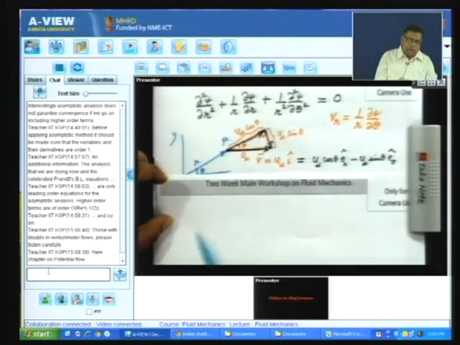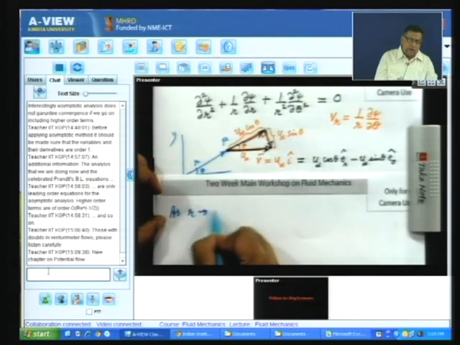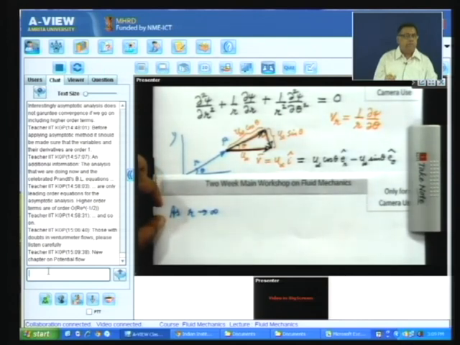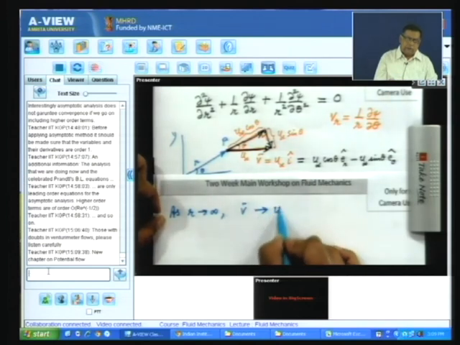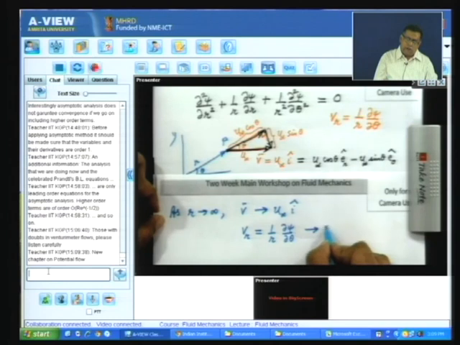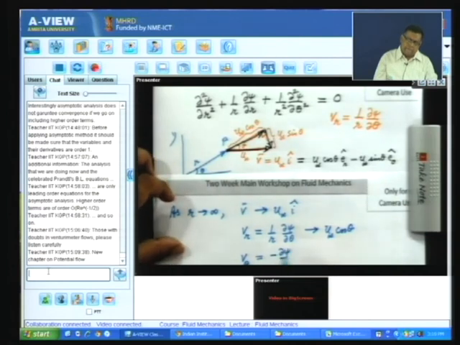So, we have these conditions that as r goes to infinity, where r is the radial distance from the center of the cylinder, the V must become u infinity I, a flow in the x direction. So, we have seen that V r, which is 1 by r del psi del theta, will approach u infinity cos theta, and V theta, which is minus del psi del r, will approach minus u infinity sin theta.